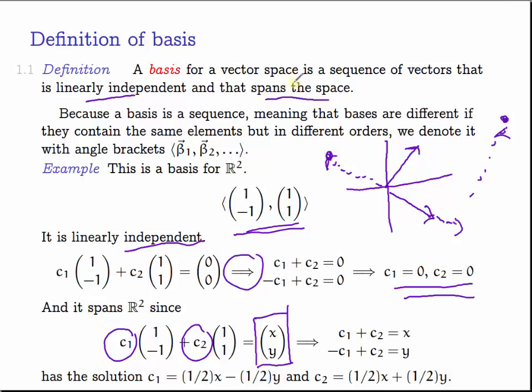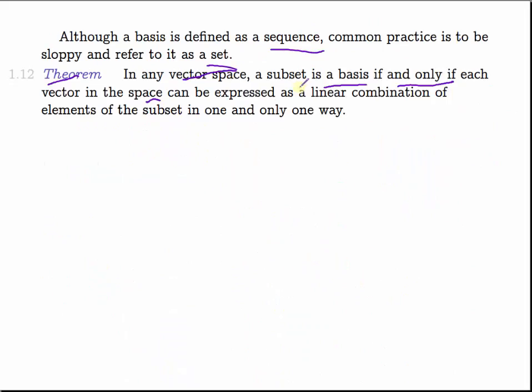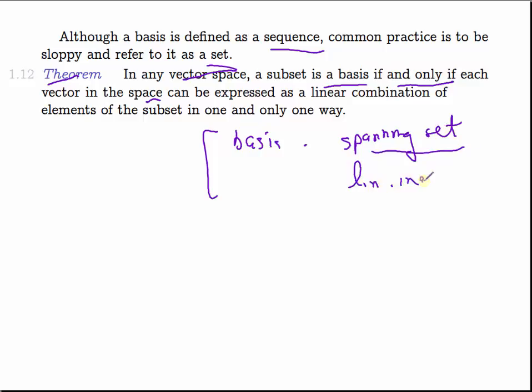So going back to this theorem, a basis is a spanning set that's linearly independent. Let's compare that to what this says. If each vector in the space can be expressed as a linear combination, that's exactly the same thing as saying spanning set. These two are equivalent.